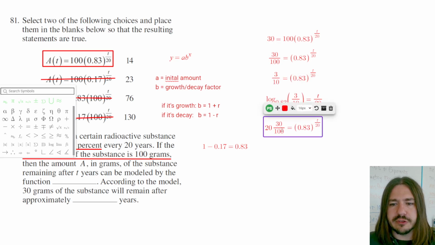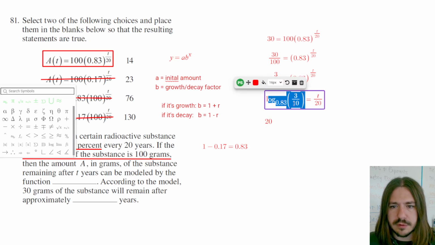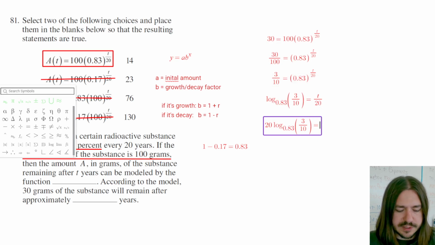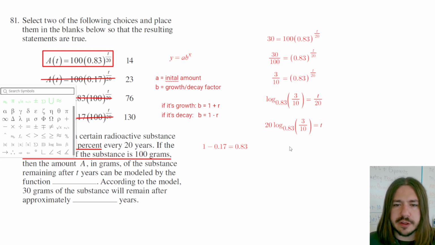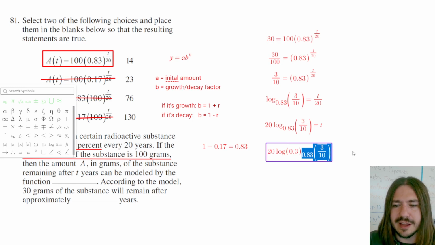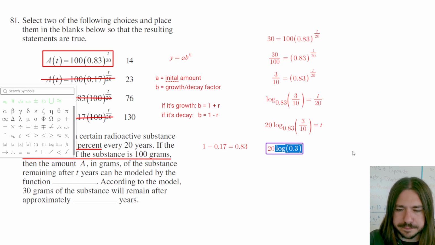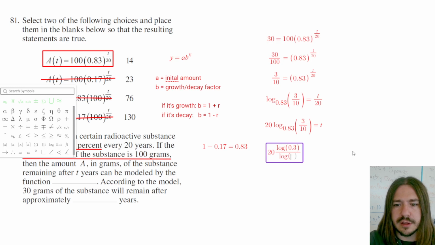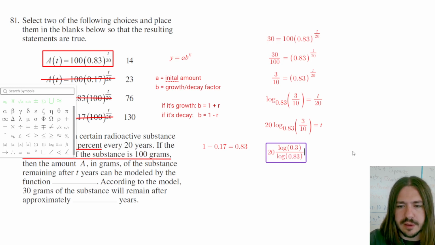So 20 times log base 0.83 of 3/10 equals T. This is something you'd put in the calculator, although since you only get a scientific calculator, you would need to use the change of base formula and rewrite this logarithm as log of 3/10, or I'll write that as a decimal to make this not so crazy, divided by log of 0.83. This is what you type in the calculator.